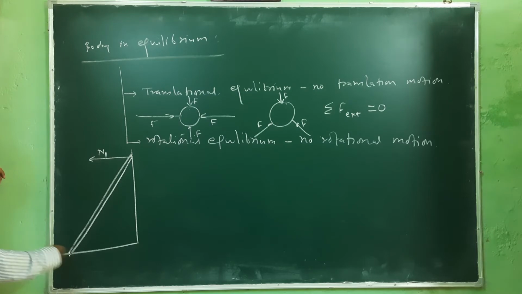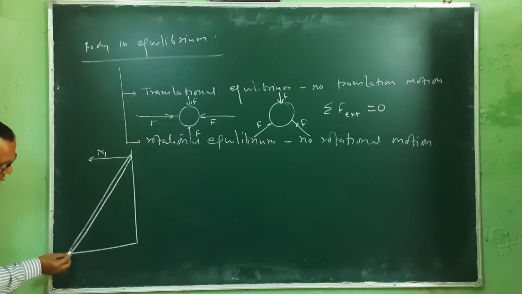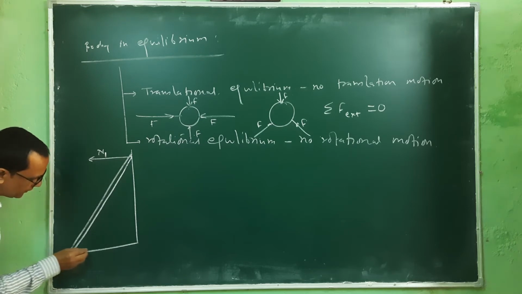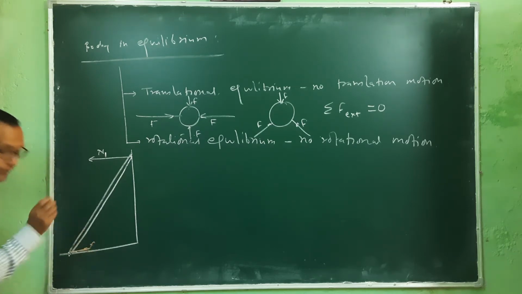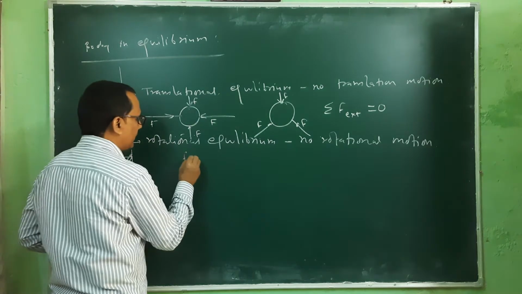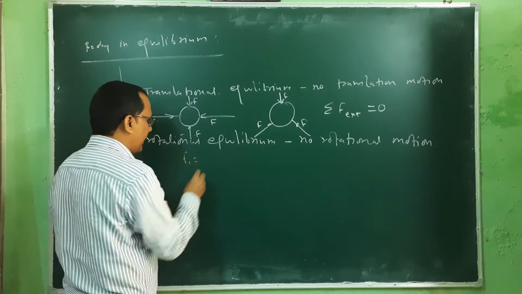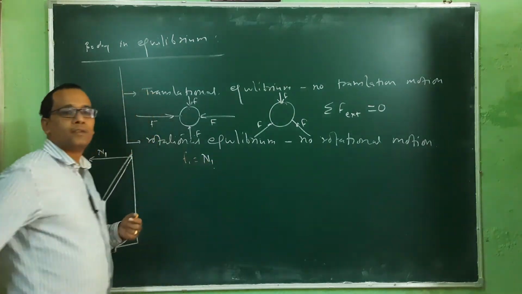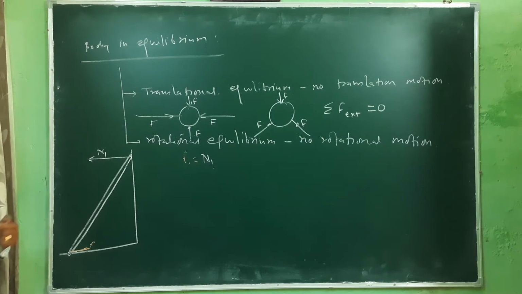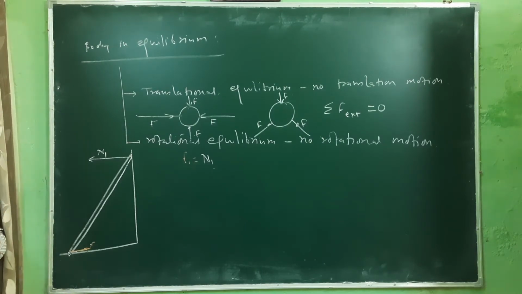If it tries to move like this, the frictional force along this direction must be greater than or equal to F. If this F is equal to F1, which is equivalent to the reaction N, then this will avoid the rotational slipping of the ladder.